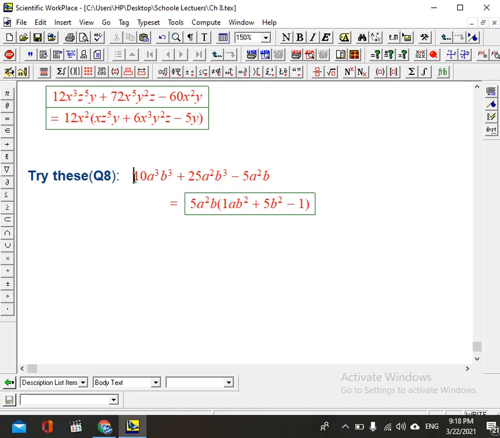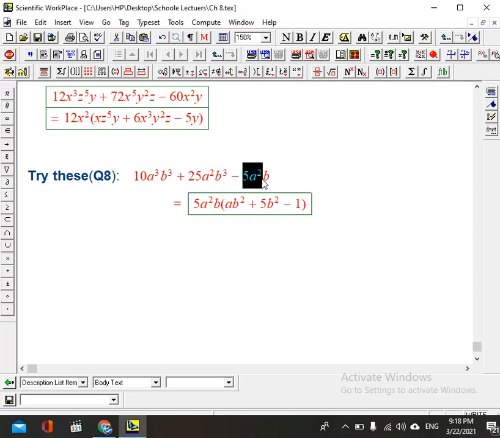Now we need to divide 10a cubed b cubed by this greatest common factor. We will get 1a b squared. No need to write 1, so you can remove it. 25 over 5 will be 5. a squared with a squared cancelled. b cubed over b will be b squared.